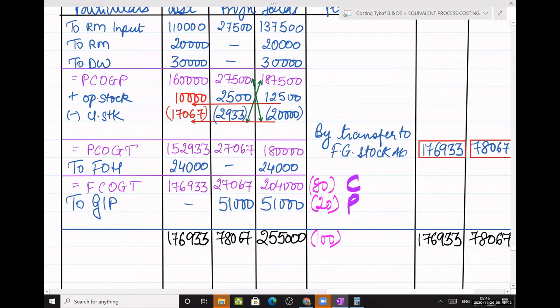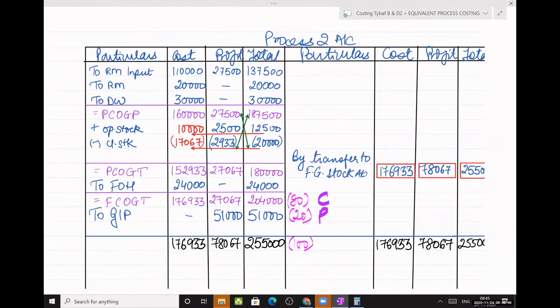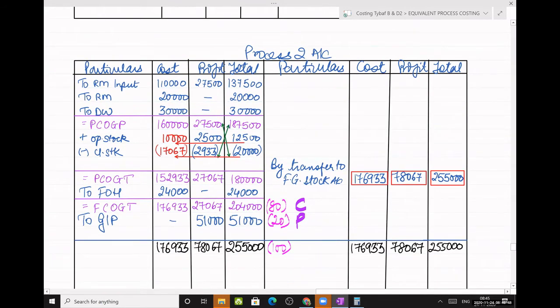Close the debit side, and you will get the balancing figure on the credit side. That's your transfer output to finished goods stock. Process 1's output is transferred to process 2. Process 2's output is transferred to finished goods stock.